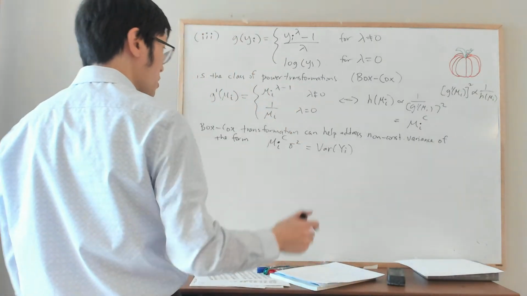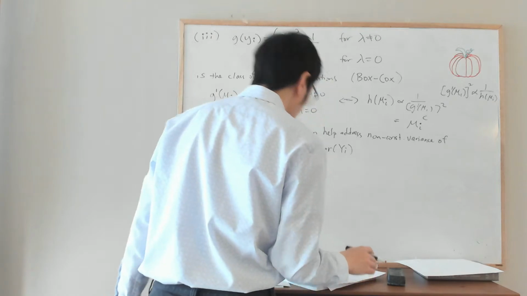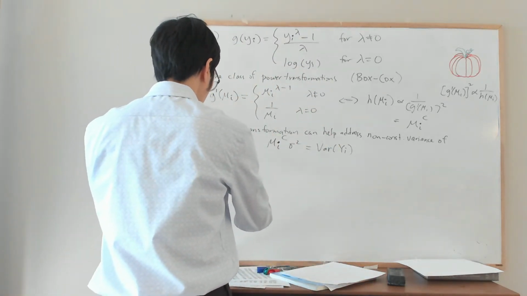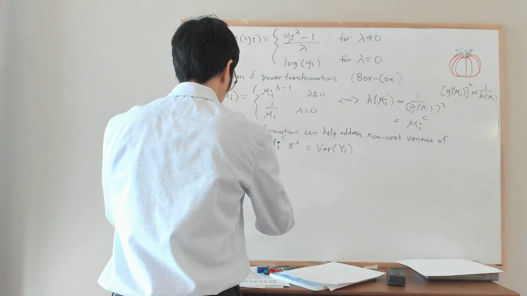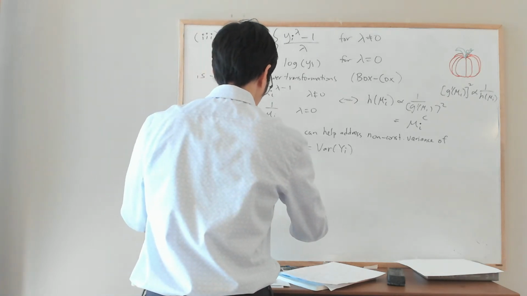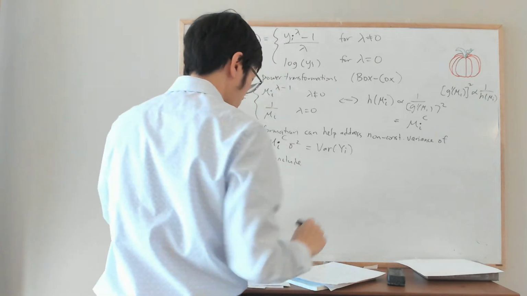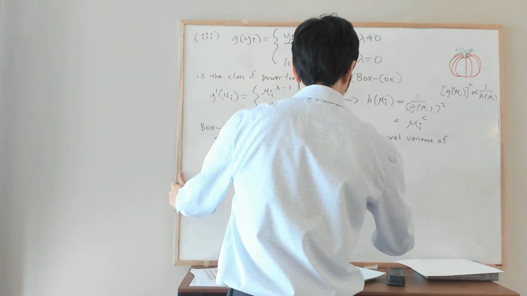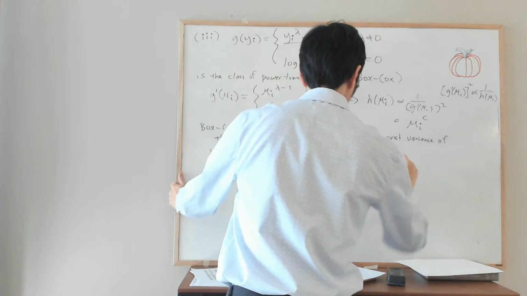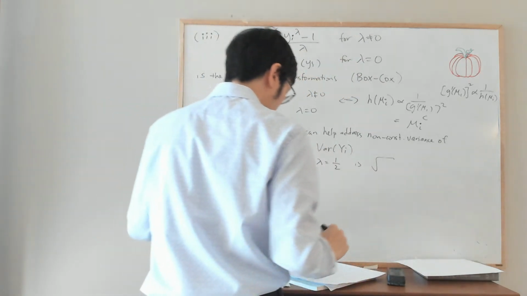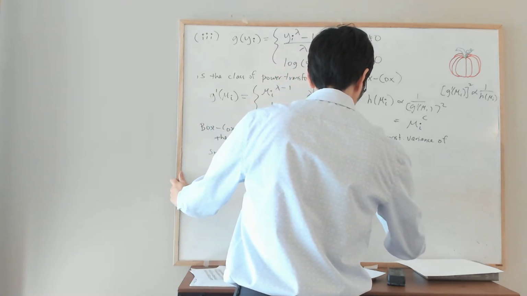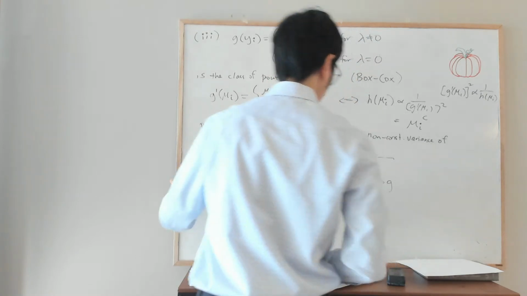So this can deal with any power in the transformation. That includes, for example, the special cases. If lambda equals a half, it is the square root transformation. Lambda equals 0 is defined as the log transformation.